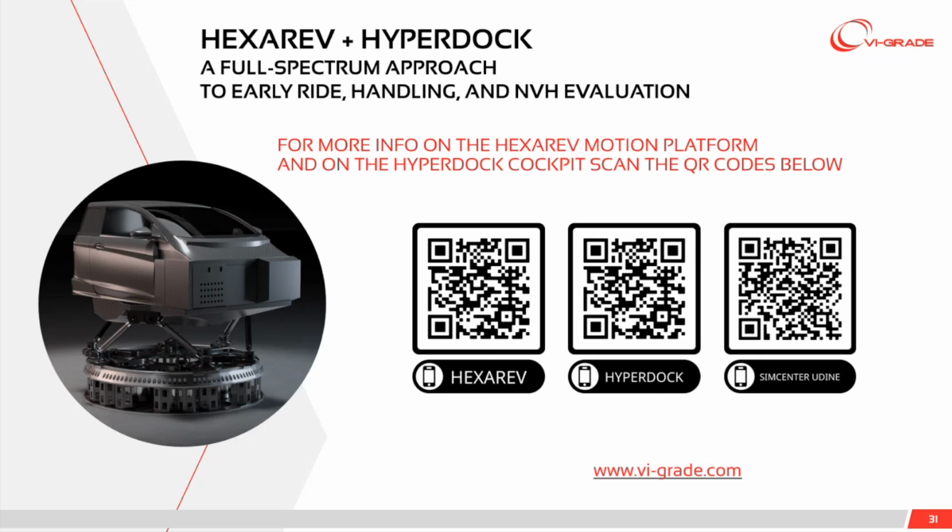If you go to the landing page of the HexaRev from the QR code, then you can register on the website and ask for this information. Something can also be understood from the plots that I showed before with the comparison with the standard hexapod. In general, there is more yaw compared to a standard hexapod, more pure yaw, and also more longitudinal and lateral travel availability.